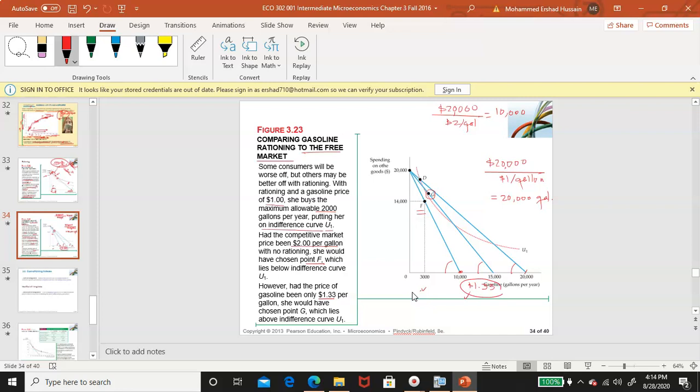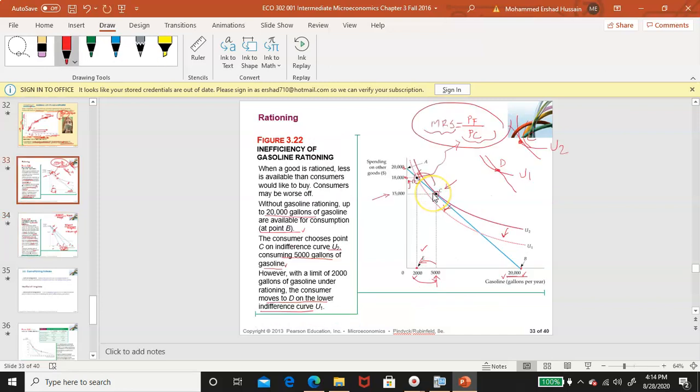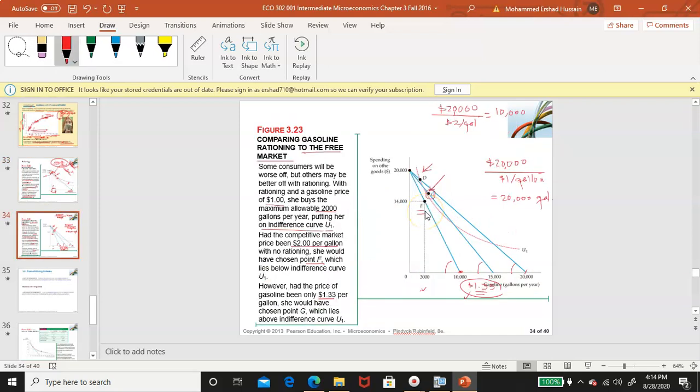When it is $1.33, the consumer will buy at G, and that G is on a higher indifference curve than D. D corresponds to the D of the previous slide. They're just giving an example that when the price of gasoline changes, the welfare of the consumer will change also, and we go from one equilibrium to another.